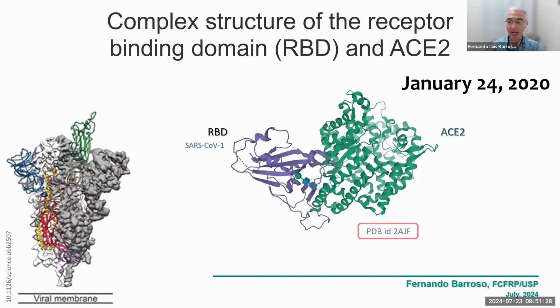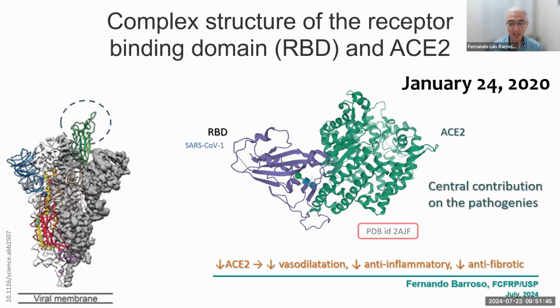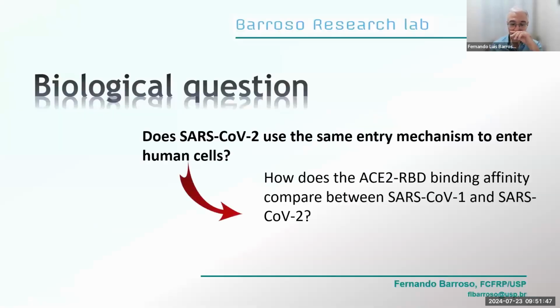We needed to predict if the receptor binding domain from SARS-CoV-2 could bind to ACE2 and use the same entry mechanism. And there was no available experimental information specifically for SARS-CoV-2. So at this moment, what we did to address whether it was the same entry mechanism to enter human cells was to compare SARS-CoV-2 with SARS-CoV-1.